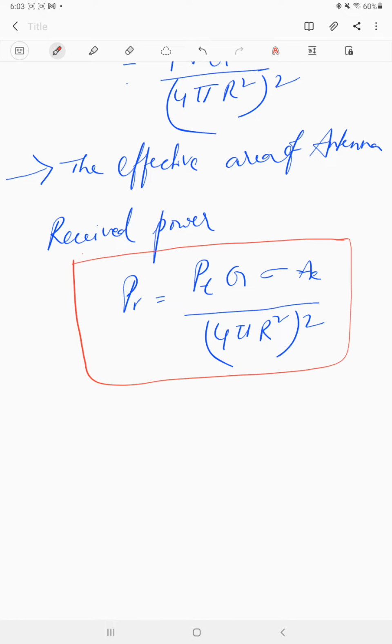Now, if I want to calculate the maximum range of the radar, in that case, the received signal will be minimum. If you calculate maximum, automatically the reflected or received signal will be minimum. So, if the range of the target is maximum, the receiving signal is minimum.